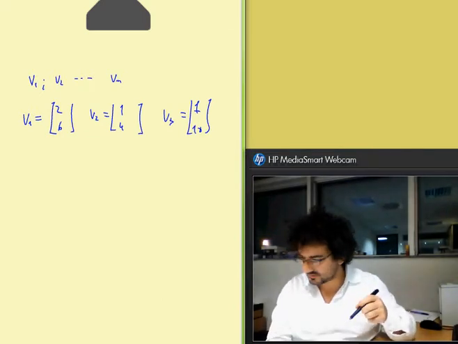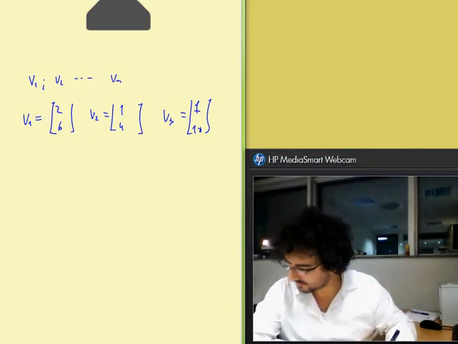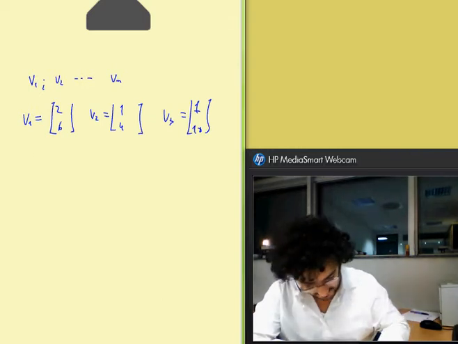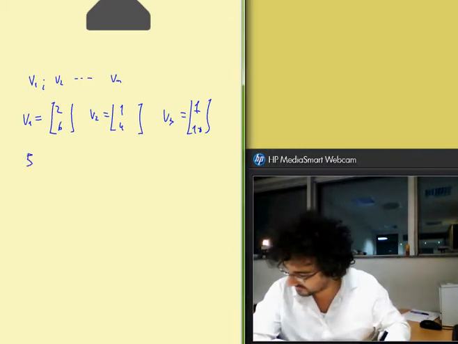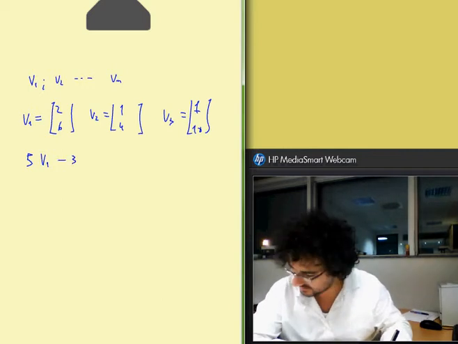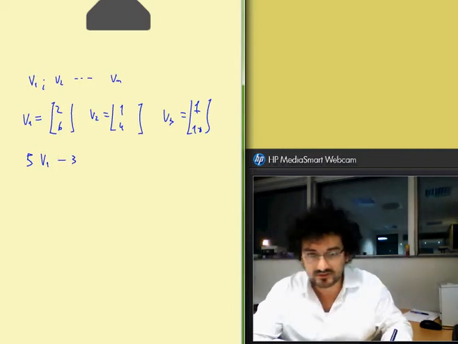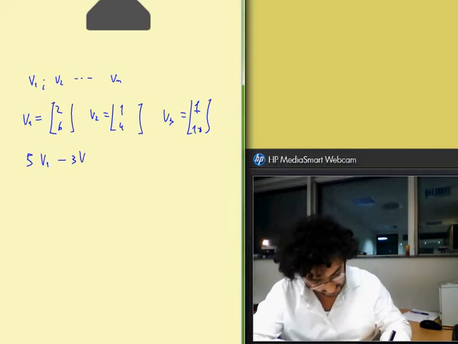It's not so easy, but it's true that if we consider the scalar 5 multiplied by v1, plus the scalar minus 3 multiplied by the vector v2, it is equal to the vector v3.